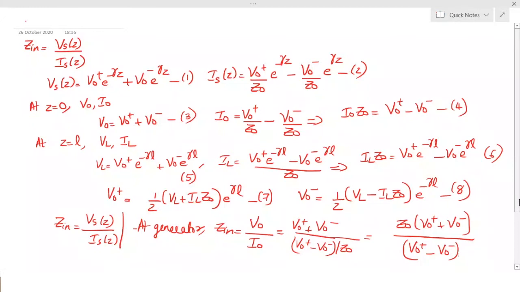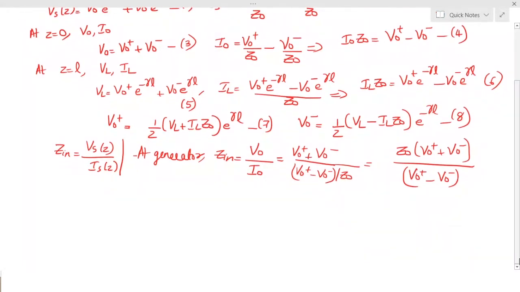Now you are going to substitute for V0 plus and V0 minus from equations 7 and 8. Let this be equation 9. You are substituting 7 and 8 in equation 9. You will be getting Zin is equal to Z0 into (V0 plus plus V0 minus) over (V0 plus minus V0 minus).